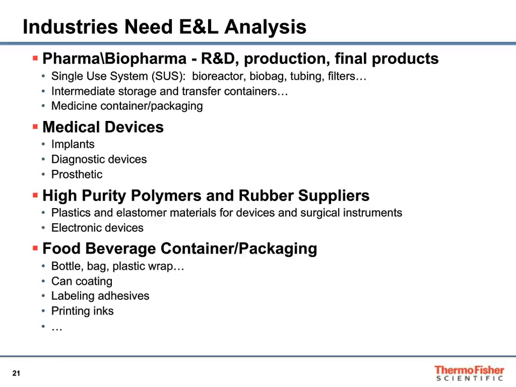High purity polymer and rubber suppliers, because they are raw material suppliers for the medical devices and some surgical instruments. Another big area is food, beverage container packaging. All the bottles, bags, plastic wrap, labeling adhesive, and printing inks we deal with every day need extractable leachable analysis.